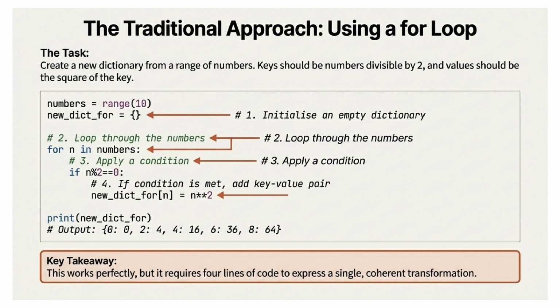This approach works perfectly and is easy to understand. However, it requires multiple lines of code to express a single logical transformation. This example sets the stage for dictionary comprehension by showing what we are trying to improve: clarity, conciseness, and expressiveness.